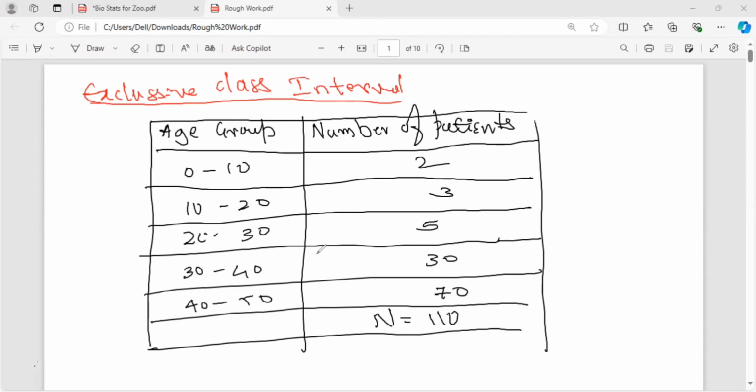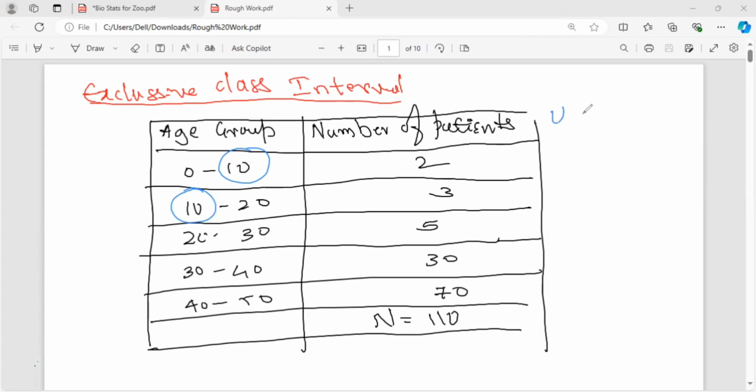Well, inclusive and exclusive. In inclusive, the upper limit is not the same as the lower limit of the next class interval, but in exclusive class intervals, those should be the same. The upper limit of a class interval and the lower limit of the next class interval, both should be the same, right?